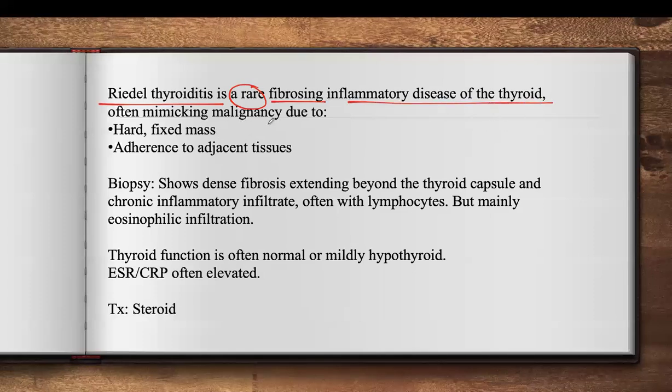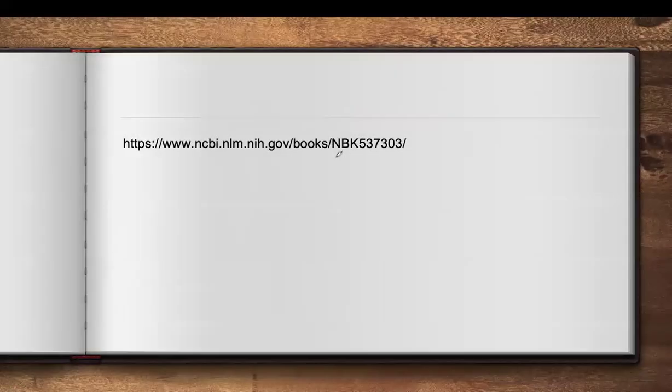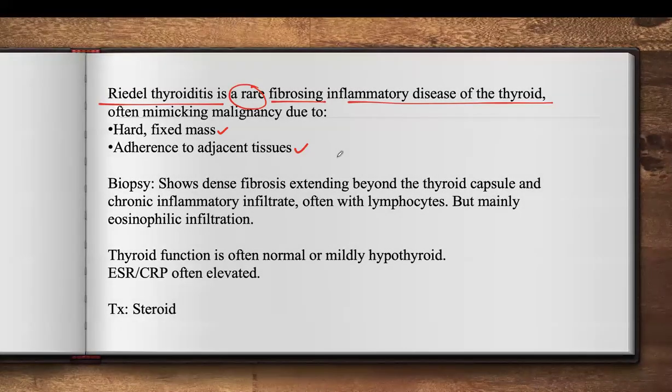Often it can mimic malignancy because it is a hard fixed mass and it is also sometimes fixed to the underlying or adjacent tissues. So on examination, this thyroid mass will look like a thyroid cancer because it's a fixed mass. But when you do the biopsy, then you will come to the proper diagnosis.